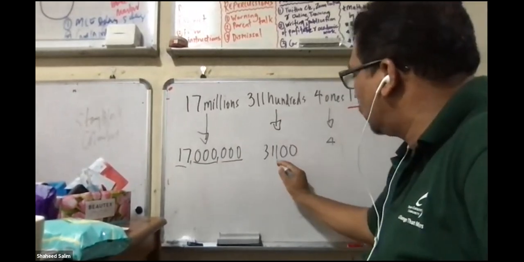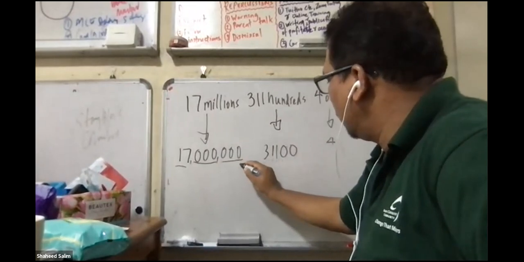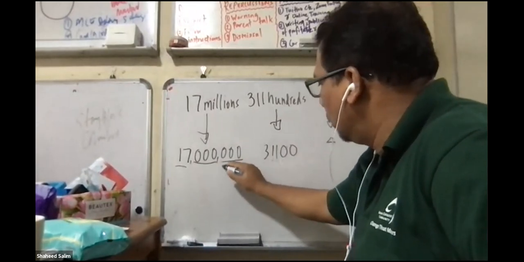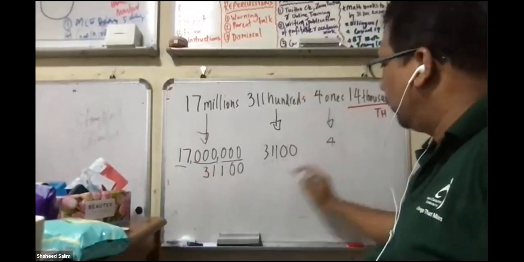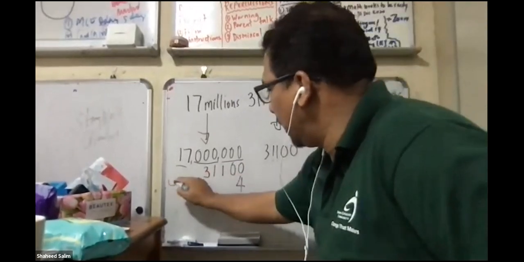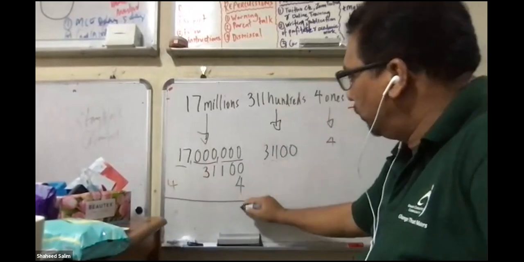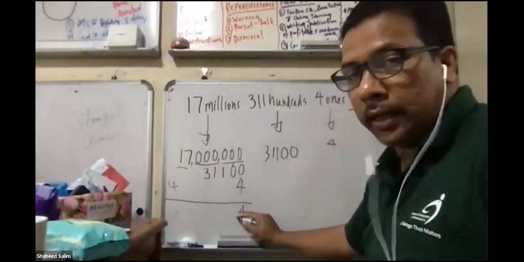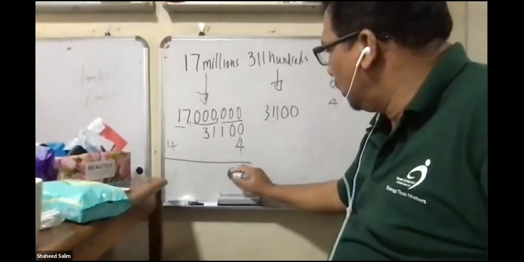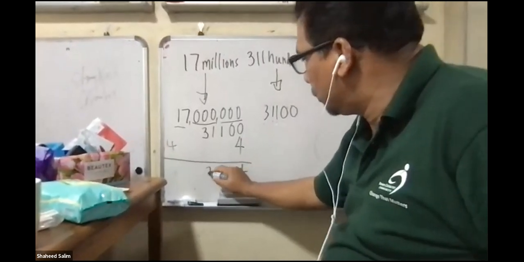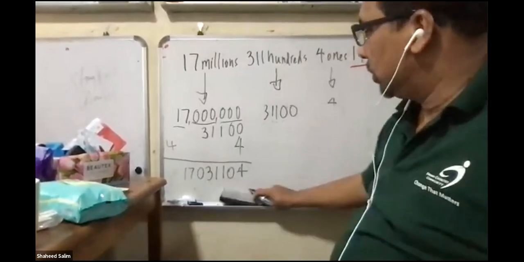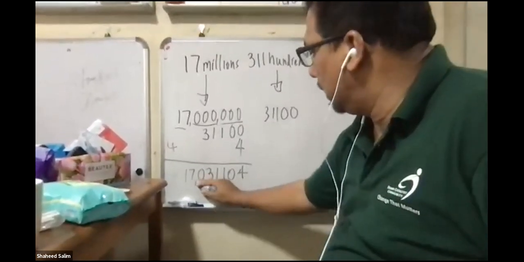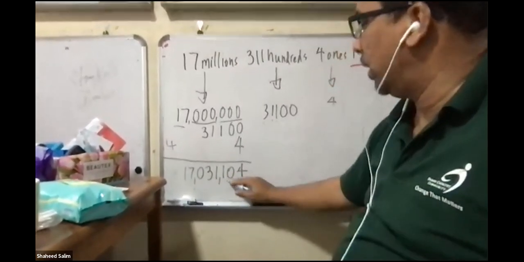You see 1, 2, 3, 4, 5. Right? And put a 4 down here, and you add them up. 4, 0, 1, 1, 3, 0, 17. So it becomes 17,031,104.